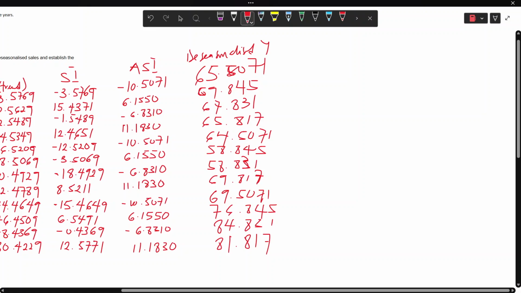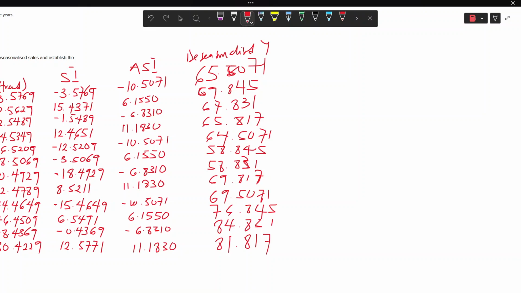Our first value was 65.5071, 69.845, 67.831, 65.817, 64.5071, 58.845, 58.831, 69.817, 69.5071, 76.845, 84.831, then lastly 81.817.